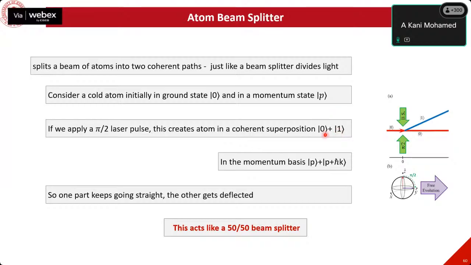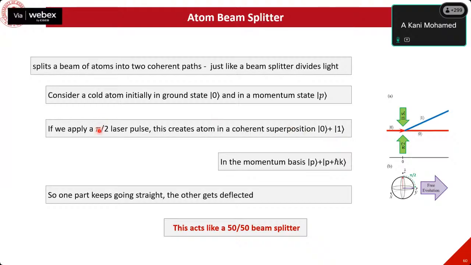I haven't put the normalization constant, so forget about that. A pi by 2 pulse creates a coherent superposition of atoms. Half the atoms are in the ground state and half are in the excited state, but not separately. It is a coherent superposition of the atom being in the ground as well as in the excited state.